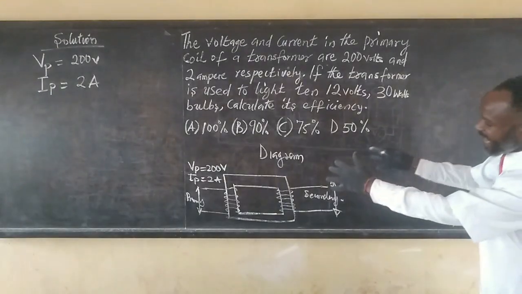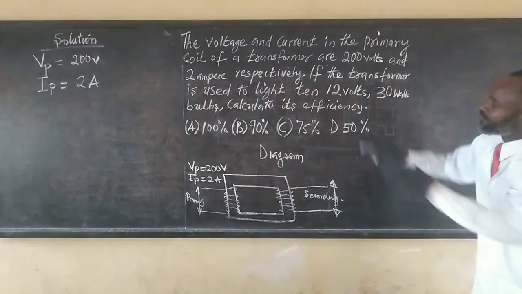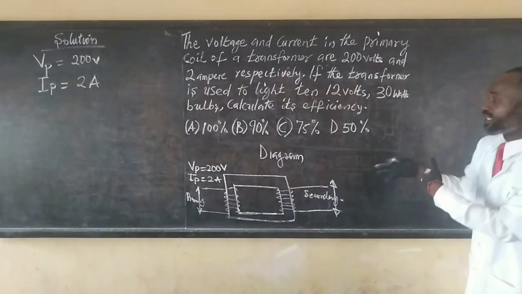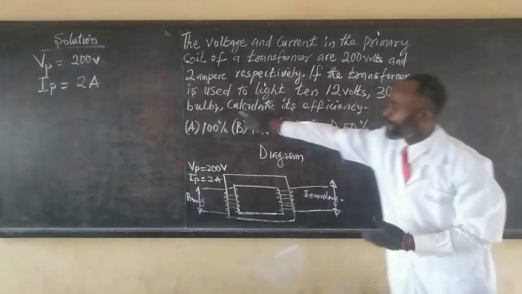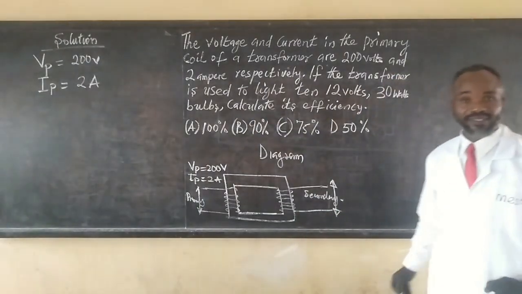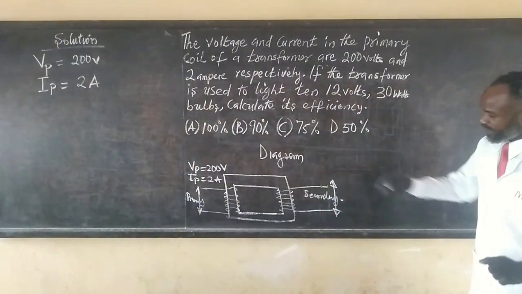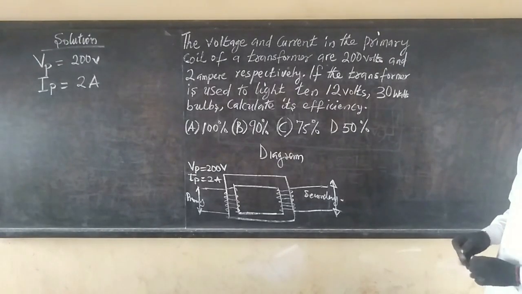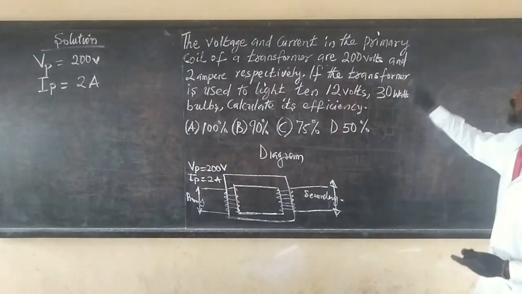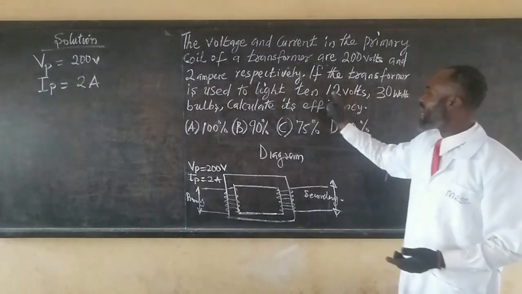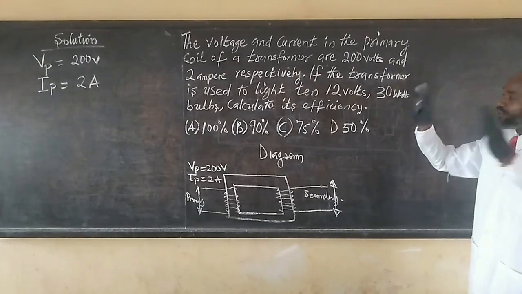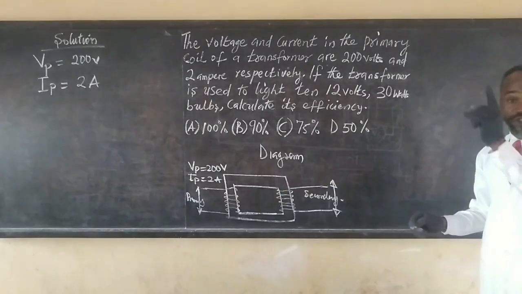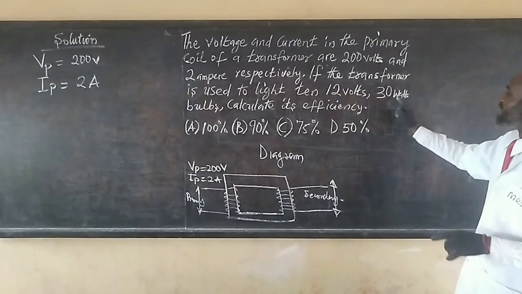That's the beauty of it. You have a diagram of a transformer that is functioning this way, supplying this amount of energy to a certain number of bulbs. We want to find the efficiency of this transformer. Now the next thing is that the transformer is used to light up 10 bulbs, 1, 2, 3, 4, 5, 6, 7, 8, 9, 10 bulbs, each rated 30 watts.